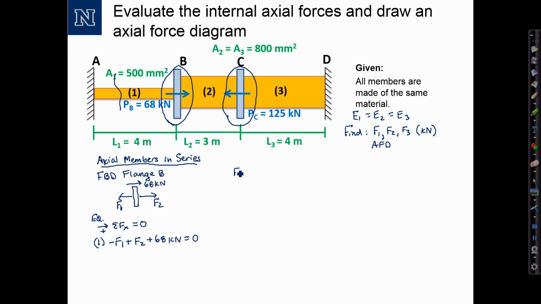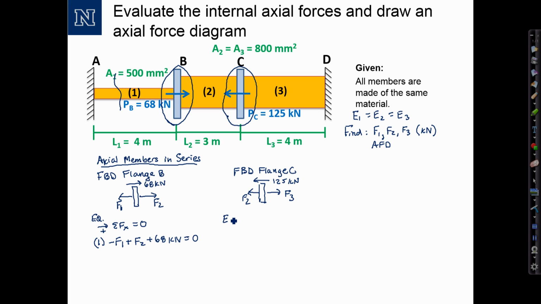Okay, I also, as I mentioned, want to draw a free body diagram of flange C. And there's my little flange plate. This time I draw F2 acting to the left, still in tension. Now it's pulling on flange plate C. F3 acting to the right, and our load of 125 kilonewtons acting to the left.